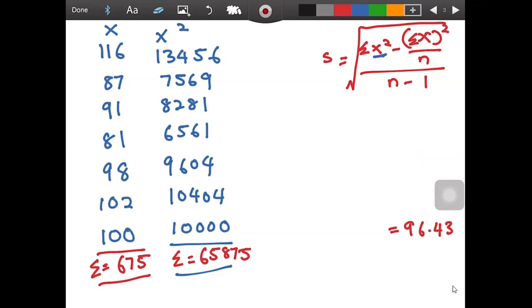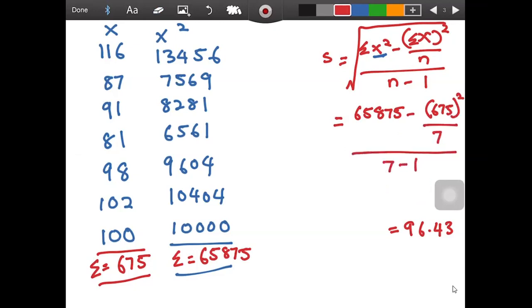Jawapan akhir kita simpan. So equals to, now we have the answer here, right? So 65875 minus in bracket 675 square divide by 7, divide by 7 minus what? Square root.